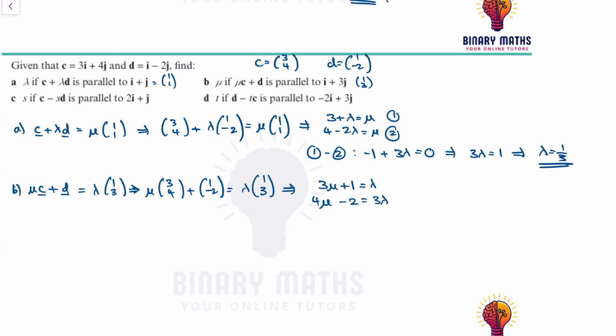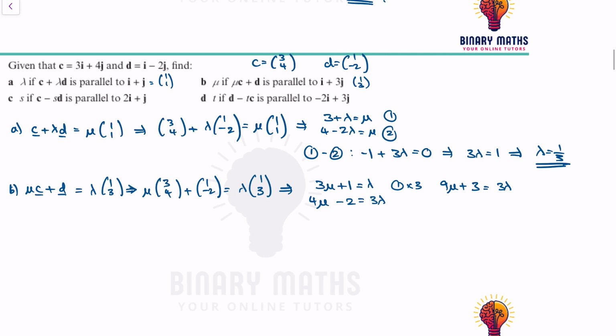So if I multiply equation 1 by 3, then I get 9 mu plus 1 is equal to 3 lambda. Forgot to multiply everything by 3, common mistake. So 9 mu plus 3 is equal to 3 lambda. Keep the second equation as it is, which is 4 mu minus 2 is equal to 3 lambda. Call this equation 3 and 4 now.